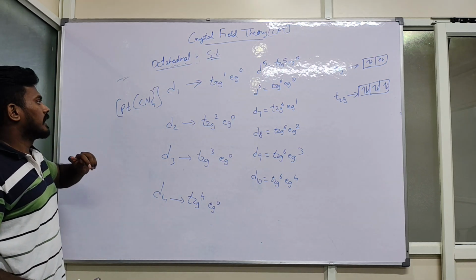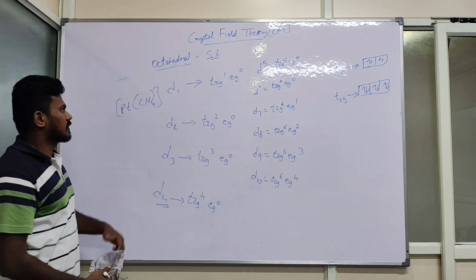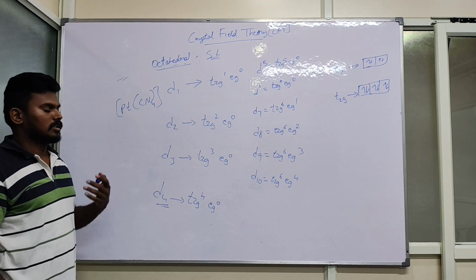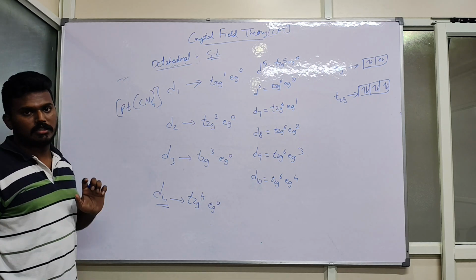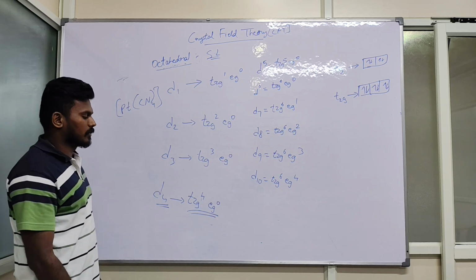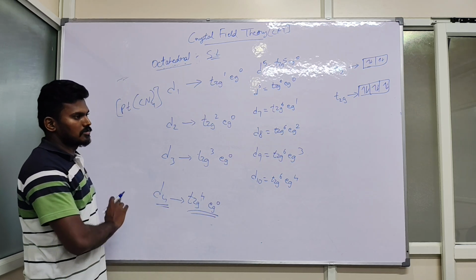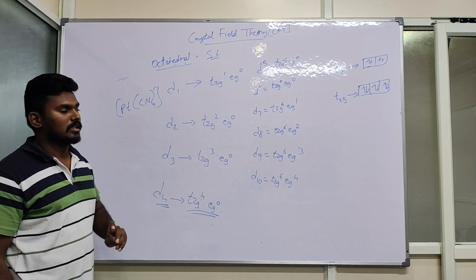So here they might ask you the d4 configuration for this complex. So what will be the d4 configuration for such a complex under the CFT? There you have to remember that a strong ligand will be approaching the d4 configuration. You can see t2g of 4 and eg will have 0.